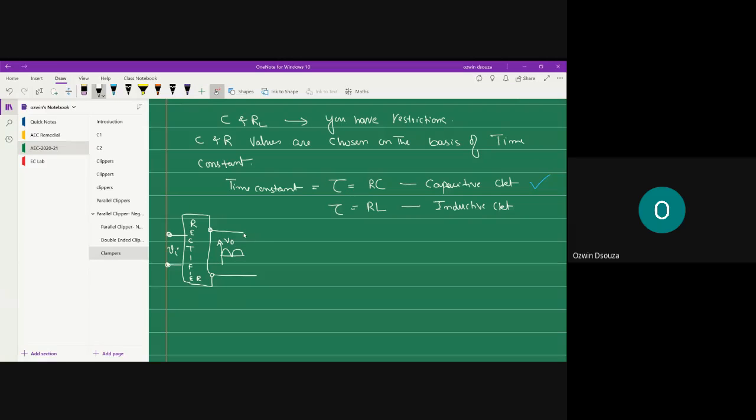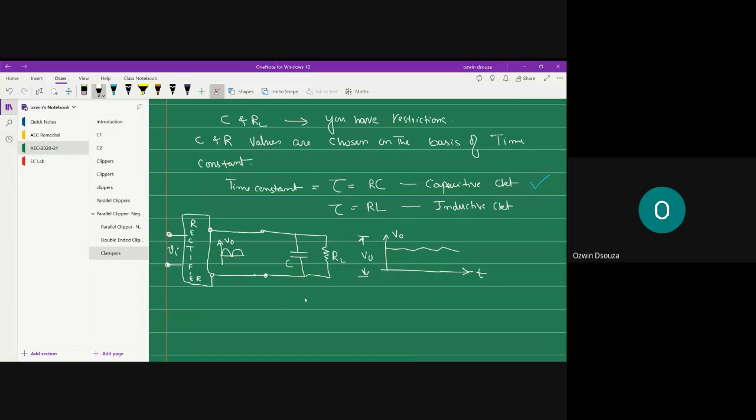What you do is connect the rippled output to a circuit called filter. This filter circuit consists of two major elements, a capacitor and a load resistor. Across the load, whatever output you measure will have a kind of smooth DC shape. So this is your V0.